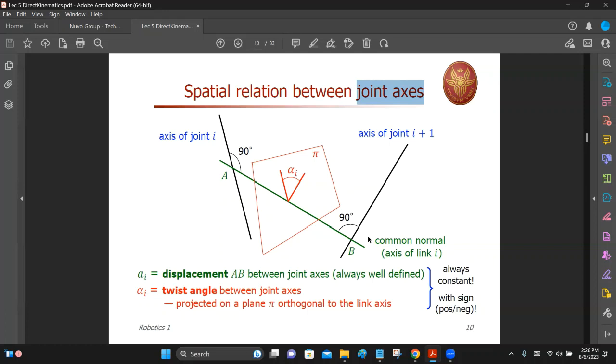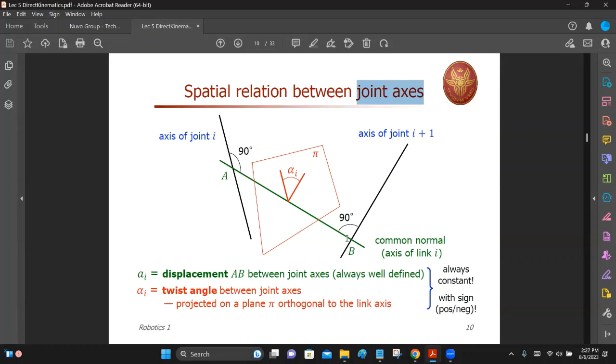If you get two straight lines in space, you can always find the common perpendicular, the line which is normal to both axes. We give the length from this point to that point as the link length. Not the physical length from one end of the link to the other, but the length of the common perpendicular. That's what we need for mathematical purposes.